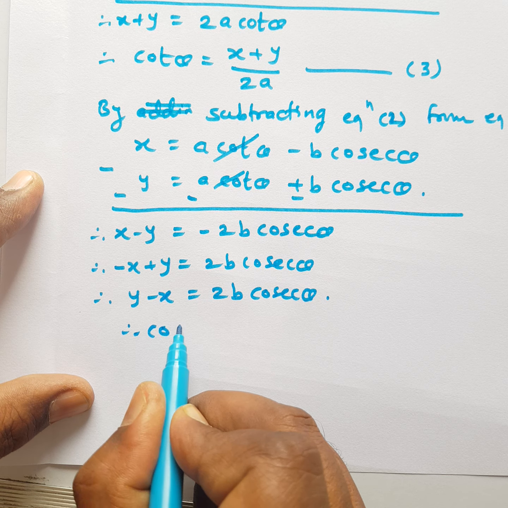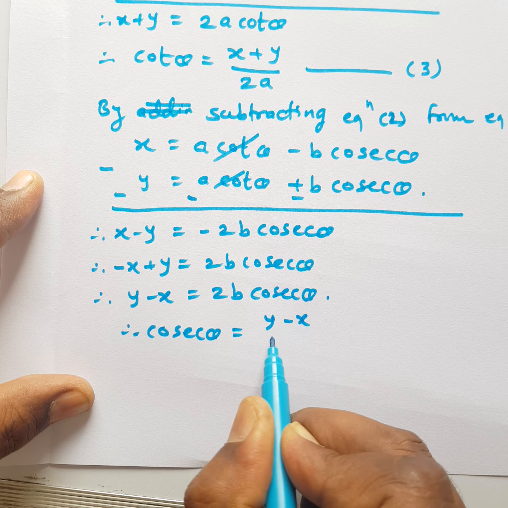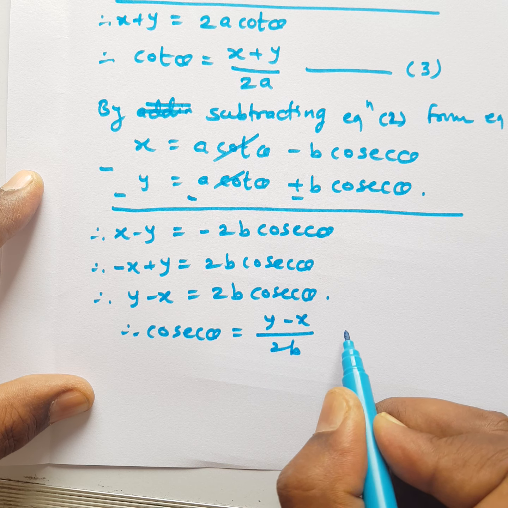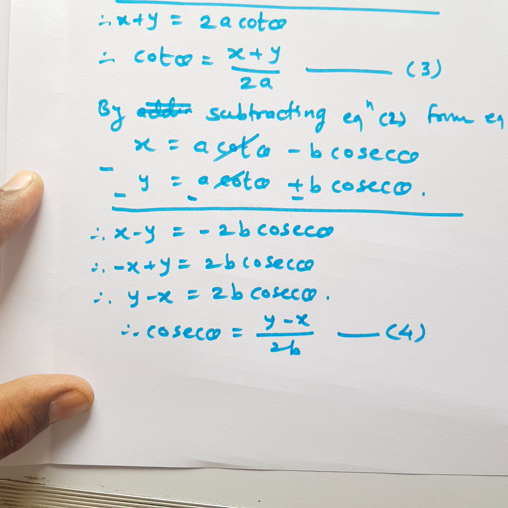Therefore cosec theta is equal to y minus x upon 2b. It is equation number 4.